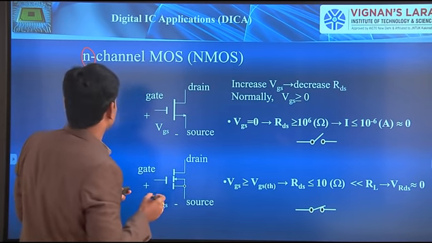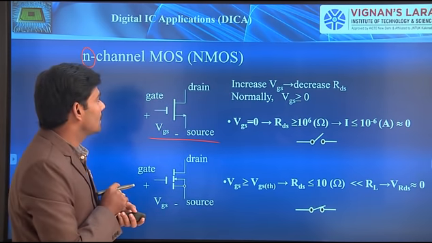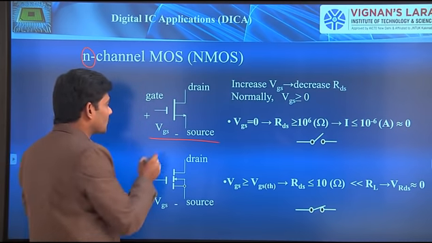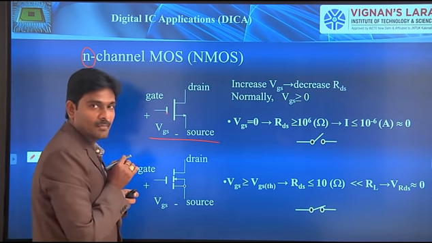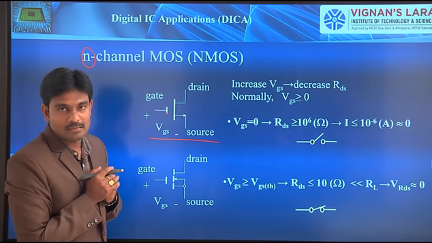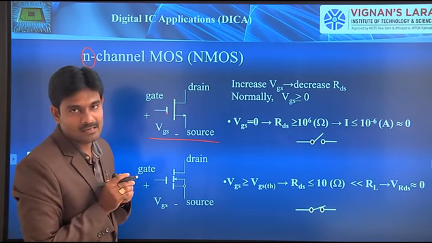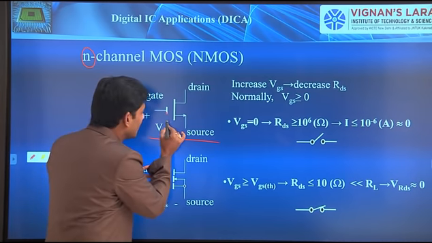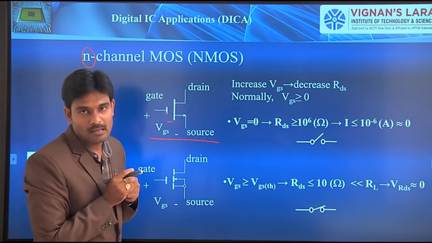This is how the symbol looks for the N-channel metal oxide semiconductor. If you look at it, there is a gap we maintain between the gate and the source and drain. That is because, in the physical structure of a transistor, an insulating material is present between the gate and the source and drain.